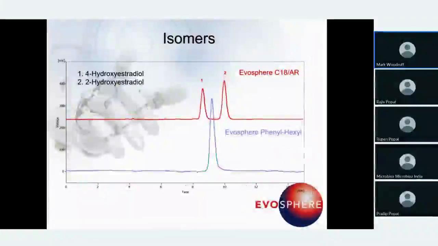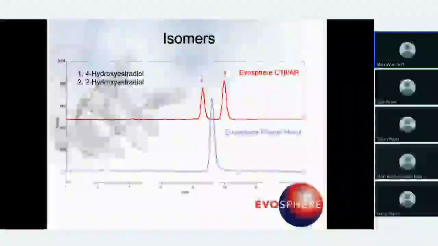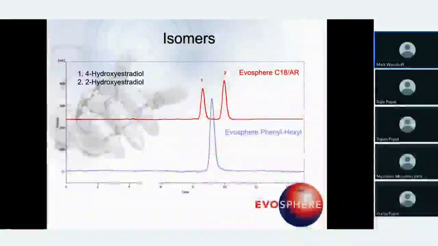And again, things like isomers, metabolites, closely related compounds are often the compounds that cause us problems. Because we have some shape selectivity occurring on the C18AR stationary phase, we get the separation of the hydroxyestradiol on the C18AR that we don't get on a predominantly phenyl-based selectivity.